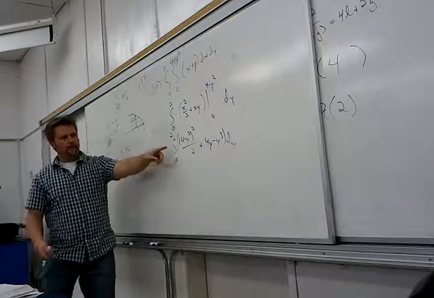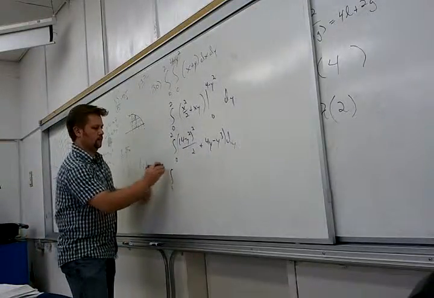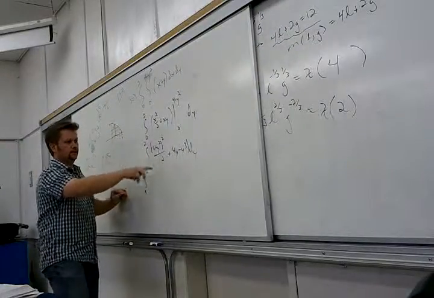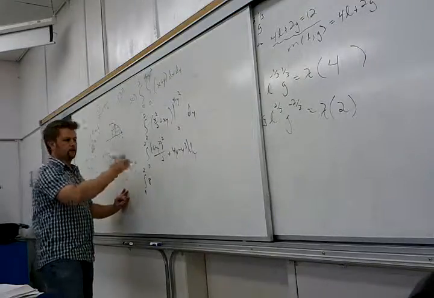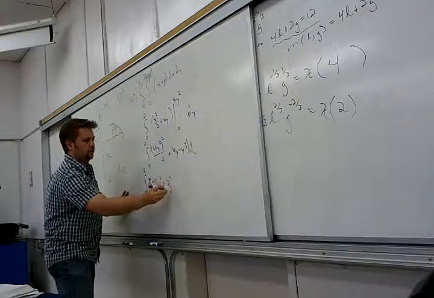Now, to integrate that, I might want to clean that up a little bit. So I'll get 16 divided by 2 is 8, minus 8, so that's minus 4y squared, plus y^4 over 2.